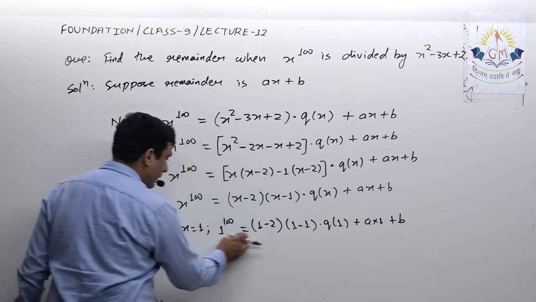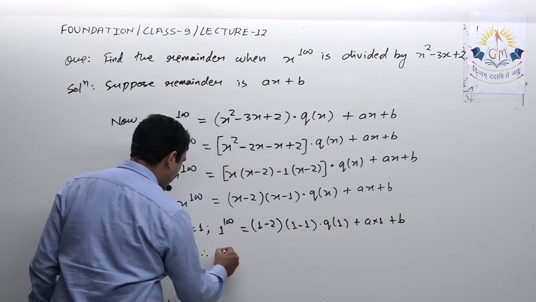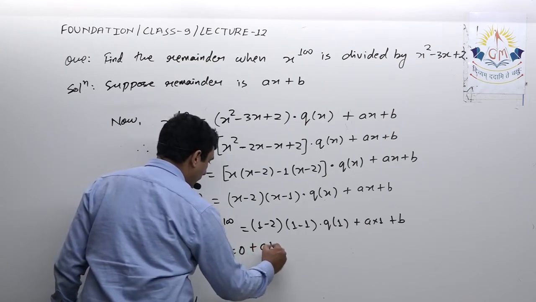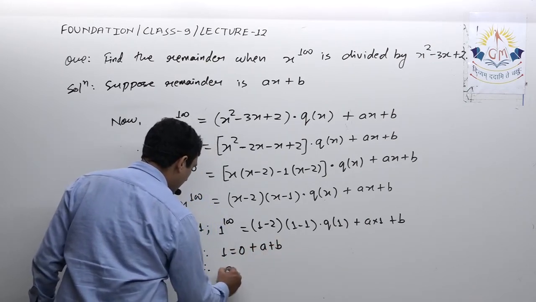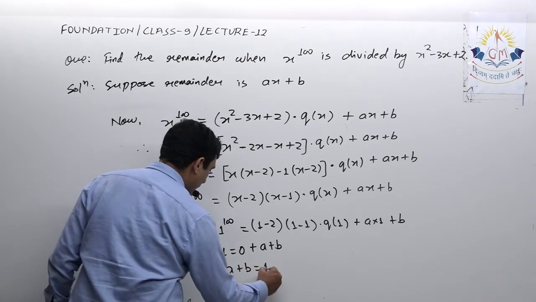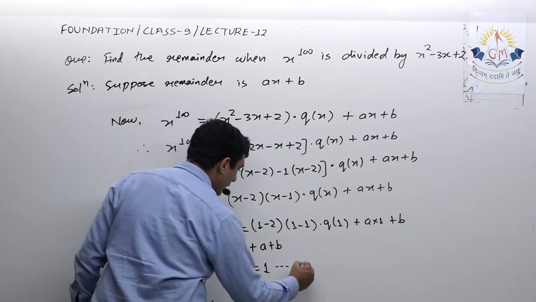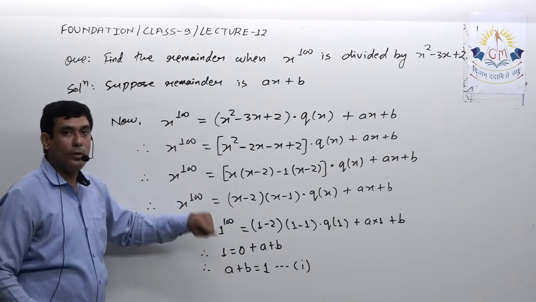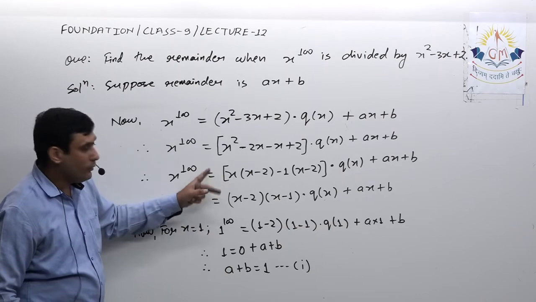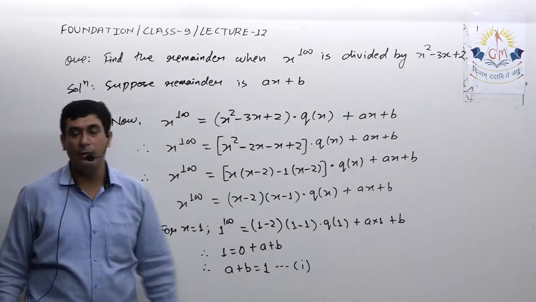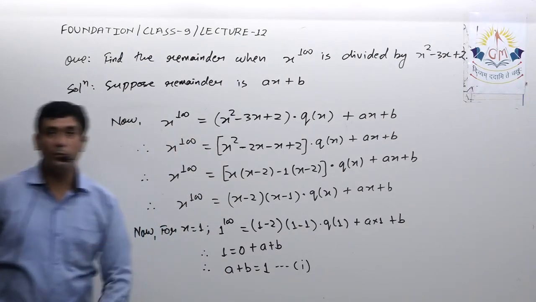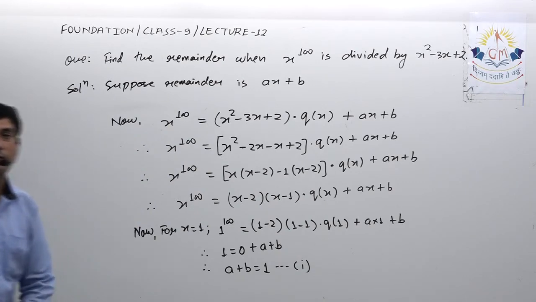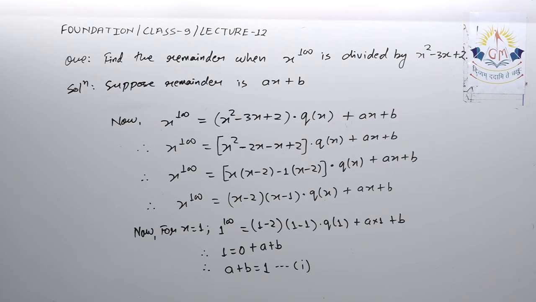Ultimately this becomes 0, so I can write therefore 1 is equal to 0 plus a plus b, or I can write a plus b is equal to 1. This is my first relation between a and b. Now similarly I will obtain one more relation between a and b, and then by solving those two I will get the values of a and b. So note it down up to this point, then we'll see how to get the second relation and then how to get the values of a and b.